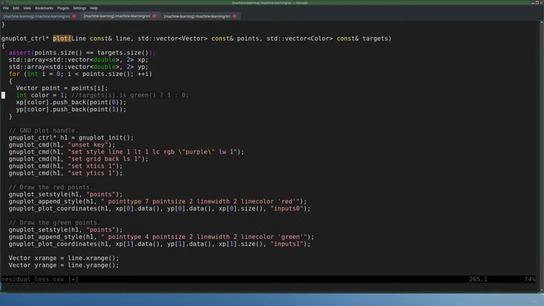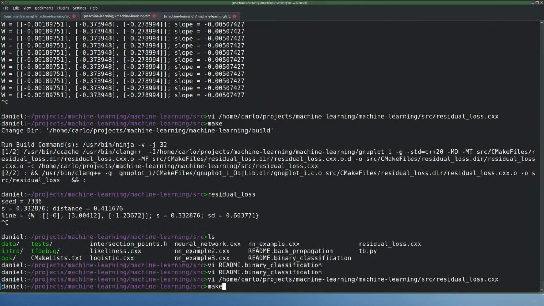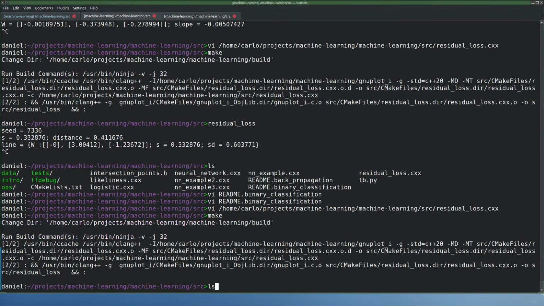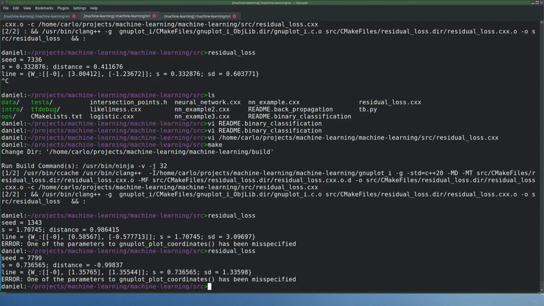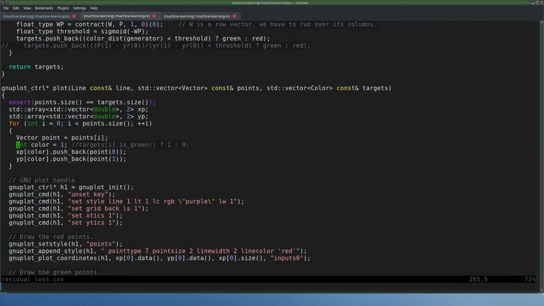And the rest of this function is correct. What the hell? Why would that not work?